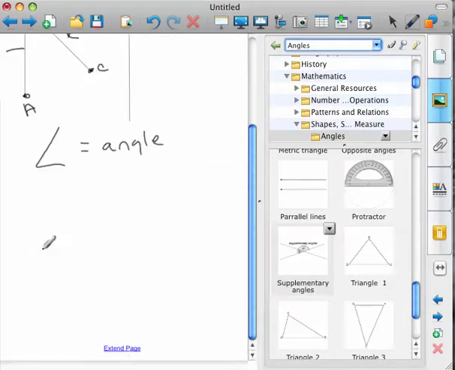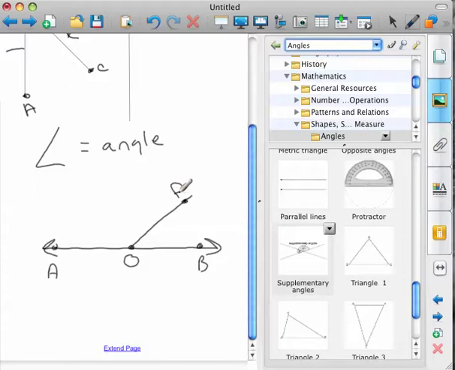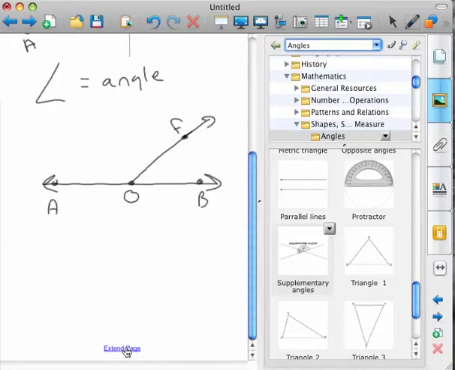Now it gets a little more complicated if you have, say, several angles in one place. So we'll call this maybe O, and this A, and this B, and this one we'll call it F, point F. Okay, so now we've got three angles here we could label. Okay, so angle AOF.